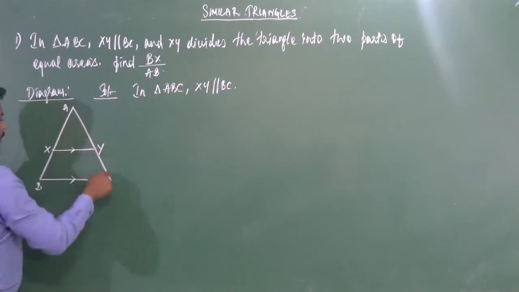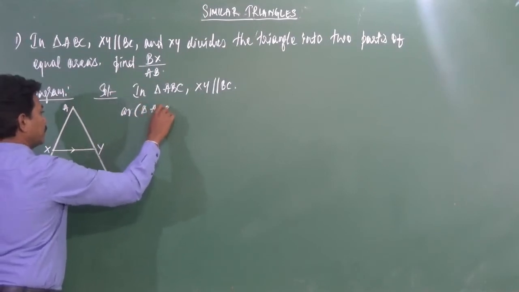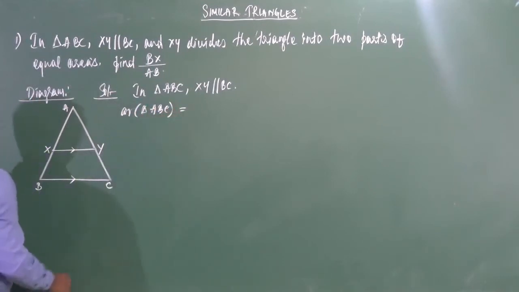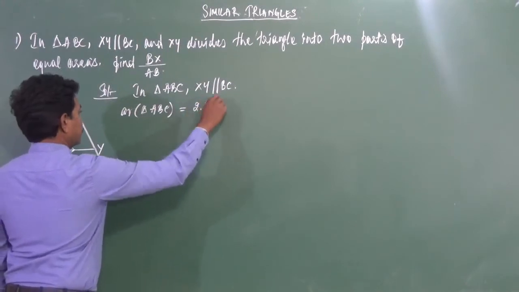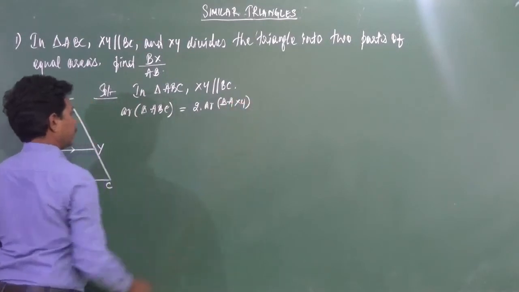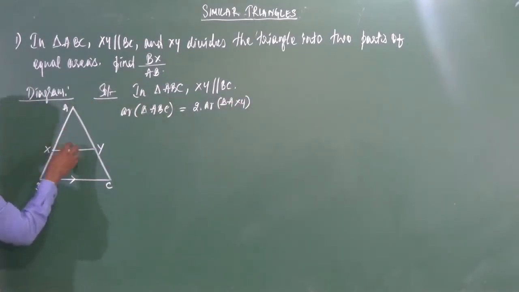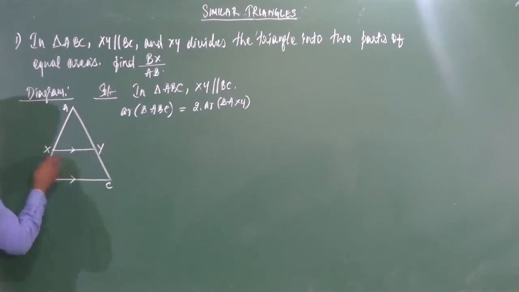Therefore, area of triangle ABC is equal to twice the area of triangle AXY, because this area is equal to this. In triangle ABC, this area plus this area, as they are equal, so we can take the area of triangle AXY as twice.